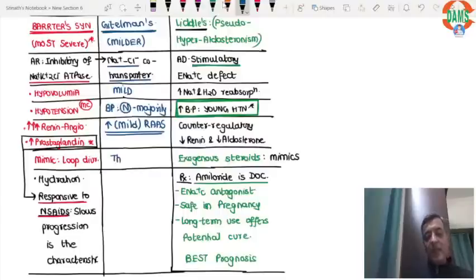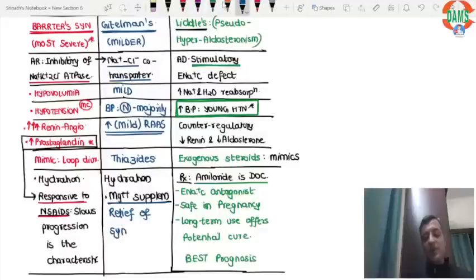The mimic is the thiazides. Here, the treatment is to continue hydration along with magnesium supplementation, which relieves symptoms and prevents complications.